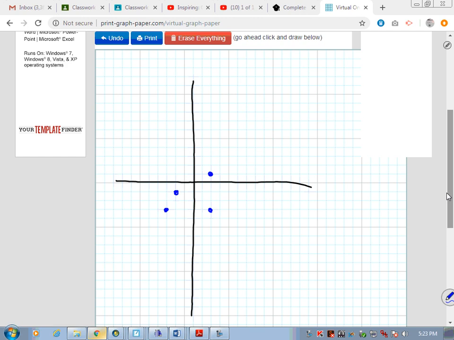Let me make sure I got this right. 1, 2, 3, down 1, 2, 3. -2. Okay, hold on, I see where I made my mistake. It didn't look right. -2, 1.